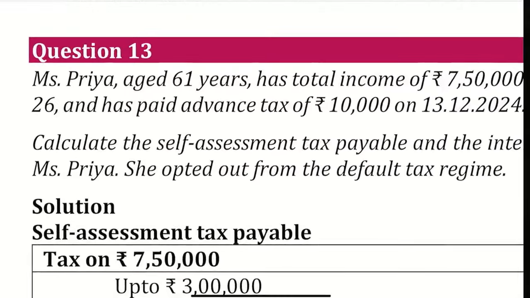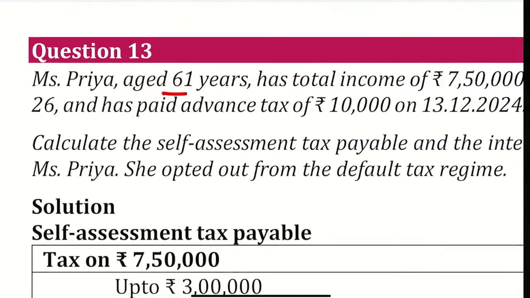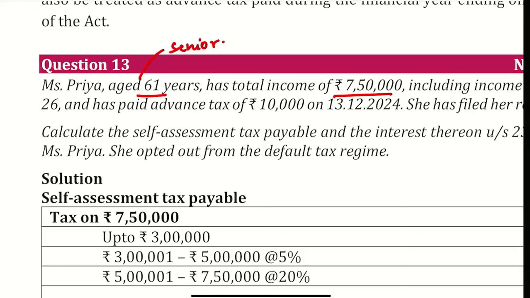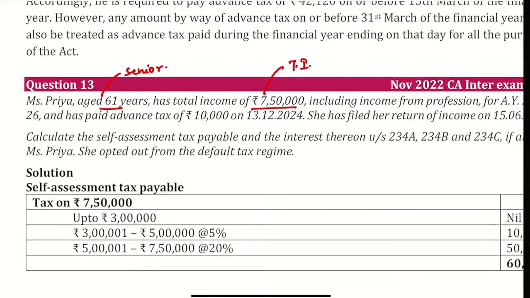So she is of the age 61 years. She is a senior citizen. She has total income of 750,000, which has income from profession. It means that she has PGBP income also.